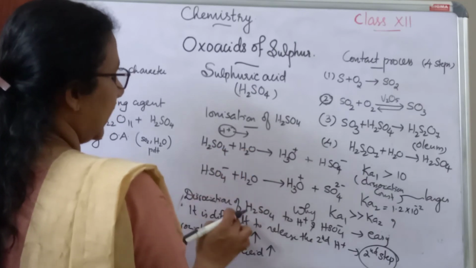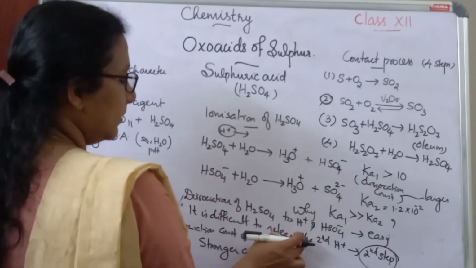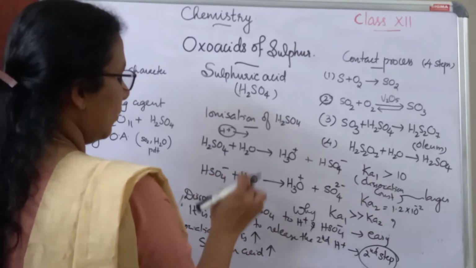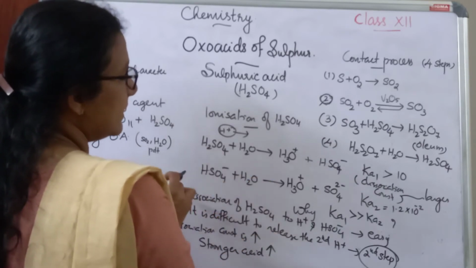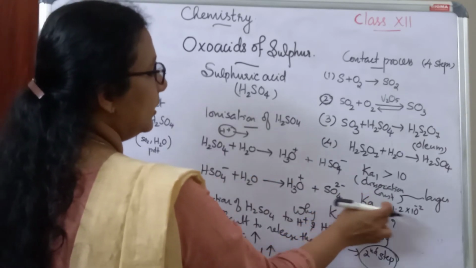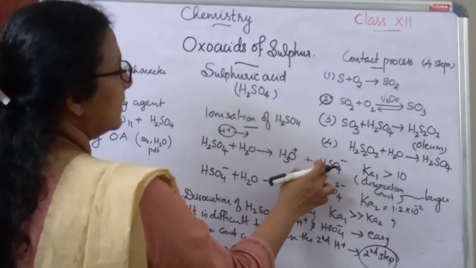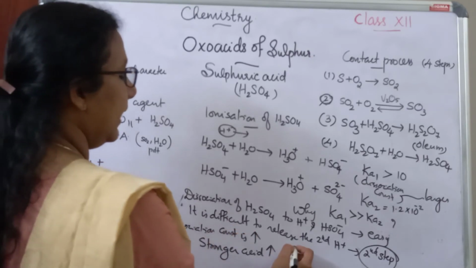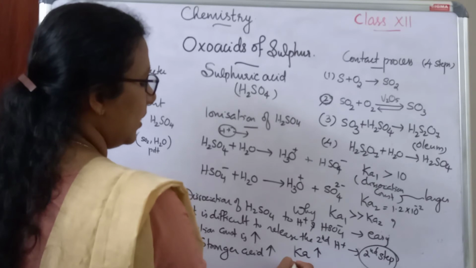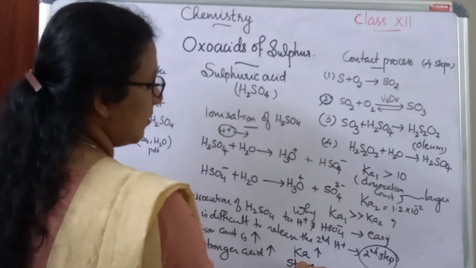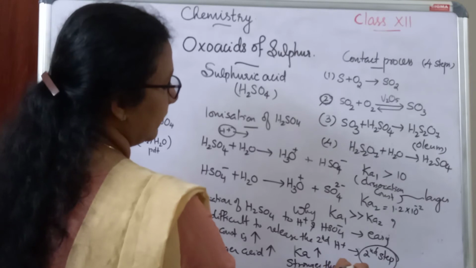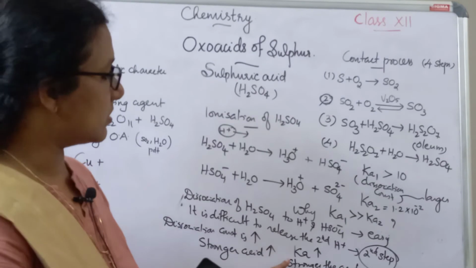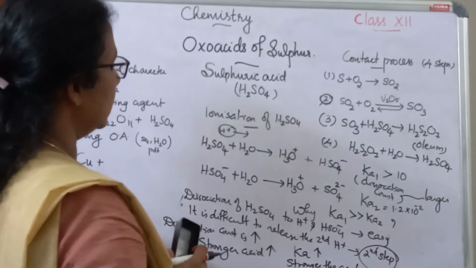In the second step, the release of the second proton is difficult, so the dissociation constant value is less. And one more thing: if the Ka value, or dissociation constant, is more, the acid is stronger. So that is the point.